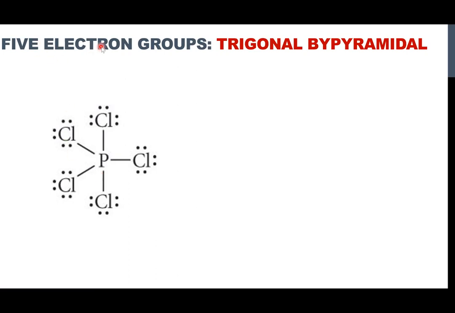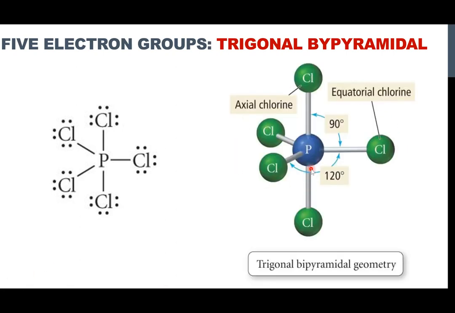So this is going to give us a new geometry. Having 5 electron groups is going to be something called trigonal bipyramidal. We're going to have this triangle in the middle with the 3 chlorines around the central atom, and then a pyramid going up towards the top and a pyramid coming down towards the bottom.